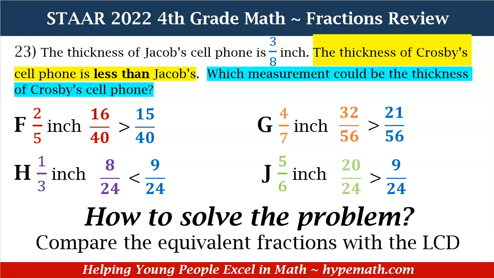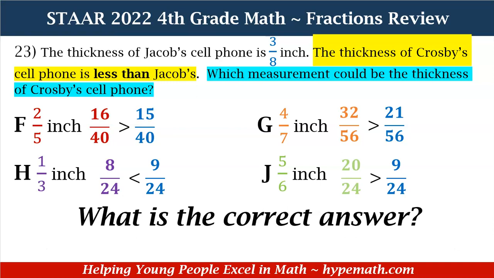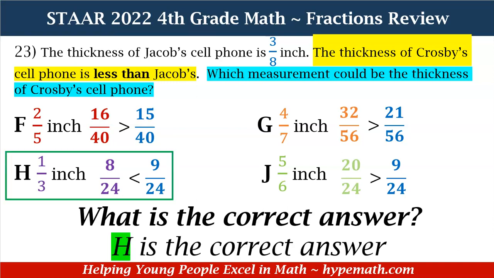Do you see the correct answer? If you said H, you're absolutely correct. It's 1/3 inch. That is the thickness of Crosby's cell phone because 8 over 24 is less than 9 over 24. Great job, fourth graders.